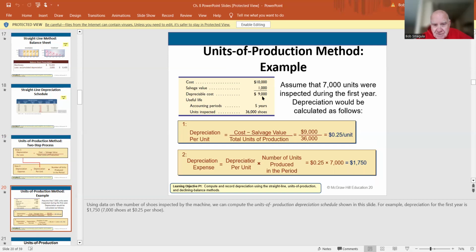So that's 9,000, and they expect to inspect 36,000 pairs of shoes. 9,000 divided by the units of production, 36,000, gives you 25 cents per pair of shoes inspected. So the depreciation expense is going to be 0.25, which we calculated here, times the 7,000 units.